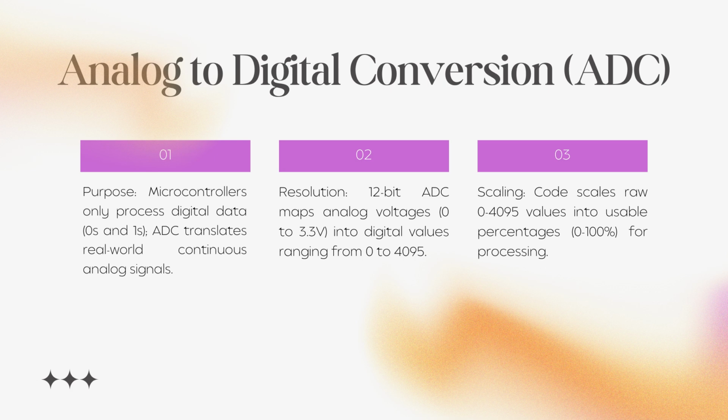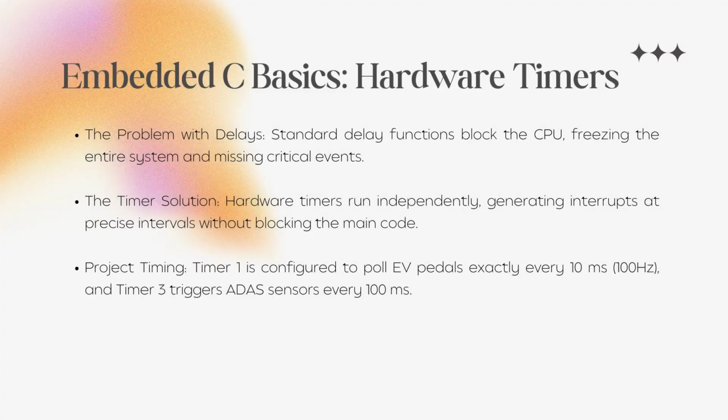Because it is a 12-bit ADC, it maps that 0 to 3.3 volt range into 4096 discrete steps, meaning we get a digital reading from 0 to 4095. Once we have that raw number, our code scales it down into a clean percentage from 0 to 100 to represent pedal presses.